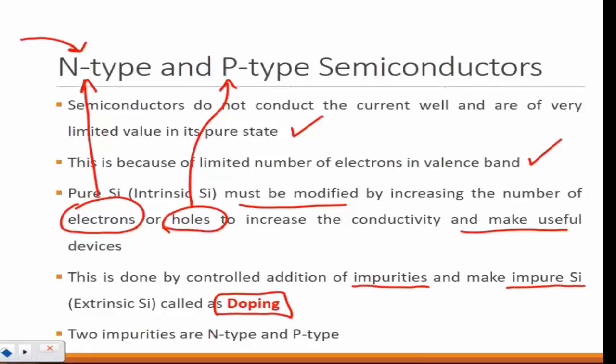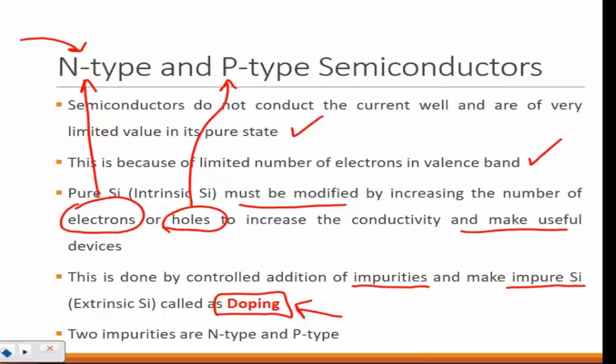Pure silicon can be turned into impure silicon by a process known as doping, which usually happens at extremely high temperatures and with specialized equipment, in order to convert pure silicon into impure silicon by adding material.